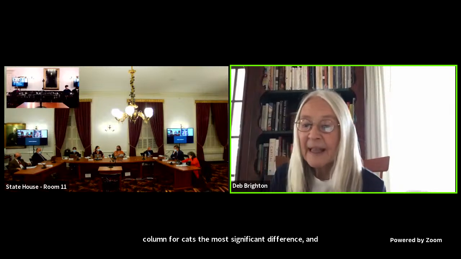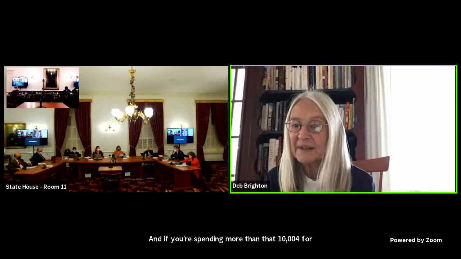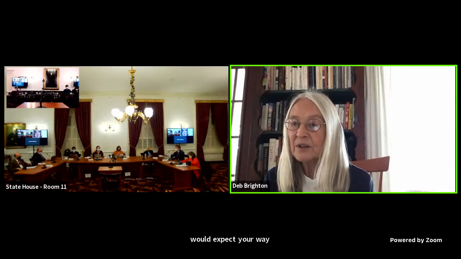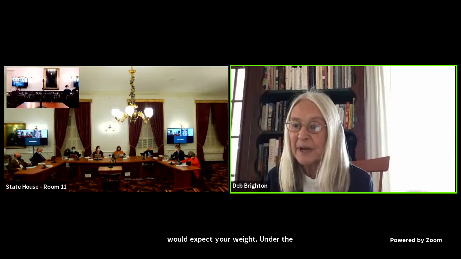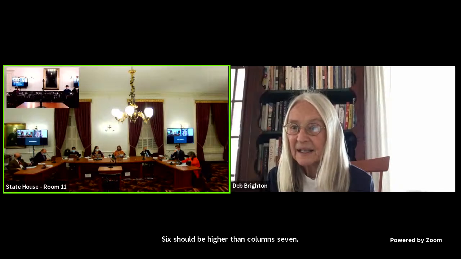And if you're spending more than the 10,436, you would expect your rate under the cost equity to be higher than your rate under the equalized pupil. In other words, column 6 should be higher than column 7. Okay, Deb, go ahead, Representative Kornheiser.